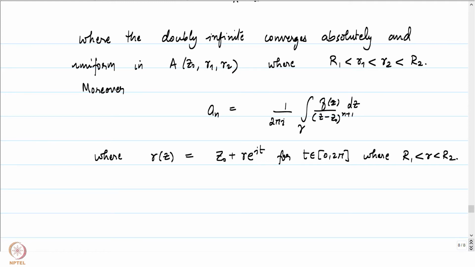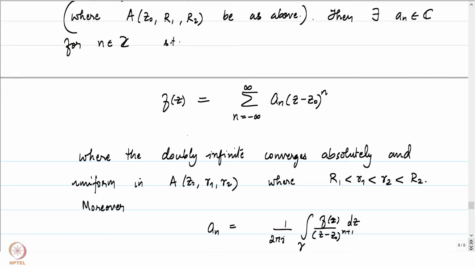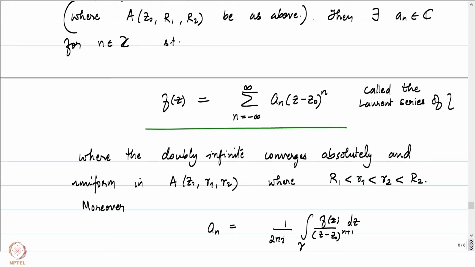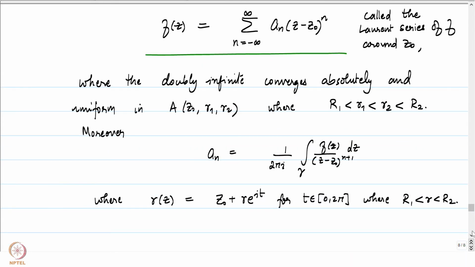So, we not only know that our function f can be written as a doubly infinite series. This is called the Laurent series of f around z0. And we know exactly what each of these coefficients are.